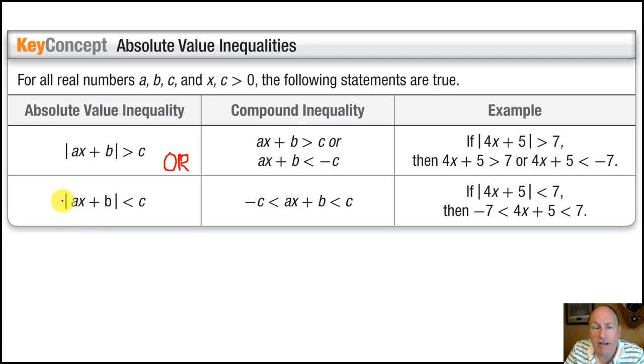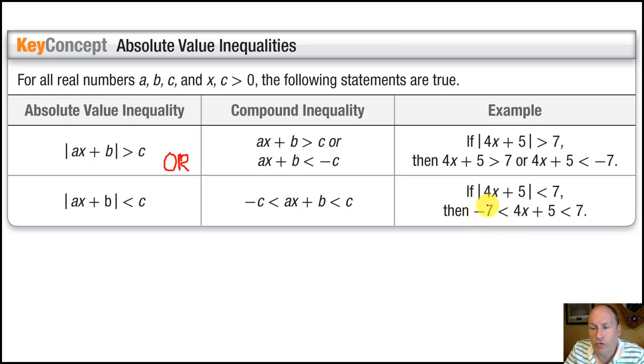In a similar way, the absolute value of something less than a number means that that distance is closer than whatever that number is to 0 on the number line. For example, the absolute value of 4x plus 5 less than 7 means that 4x plus 5 is within 7 of 0 on the number line.